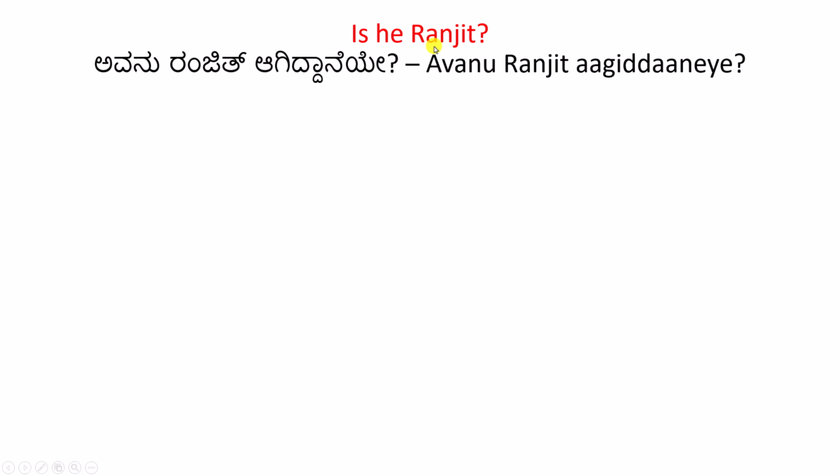Is he Ranjit? A question. ಅವನು ರಂಜಿತ್ ಆಗಿದ್ದಾನೆಯೇ. ಅವನು is he, Ranjit is Ranjit, ಆಗಿದ್ದಾನೆಯೇ makes this a question. Alright. Now, in spoken Kannada, we do not use this word.